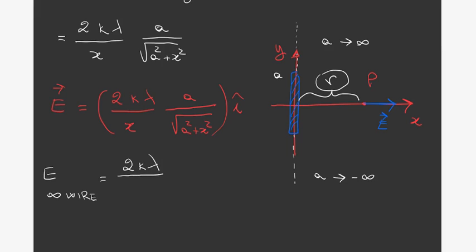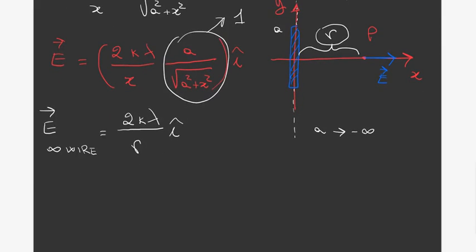Instead of x, I will write r. And now I have to take the limit for a approaching infinity. And using L'Hopital's rule, this limit is simply equal to 1. In vector form, the electric field is 2k lambda divided by r along the i direction, as in my picture.